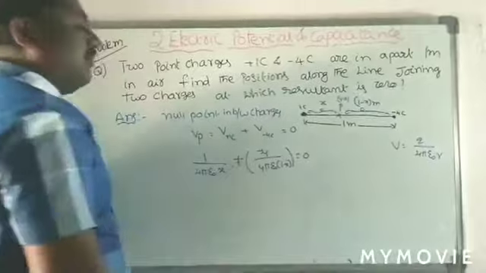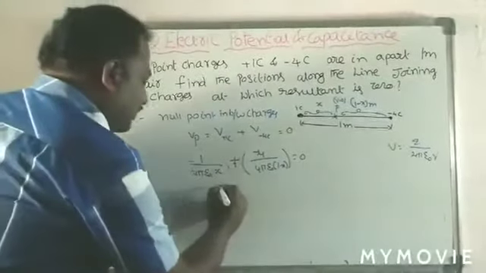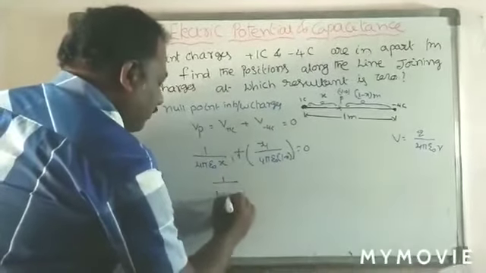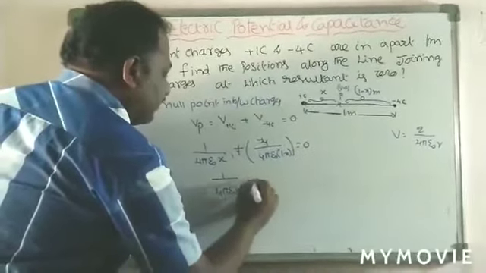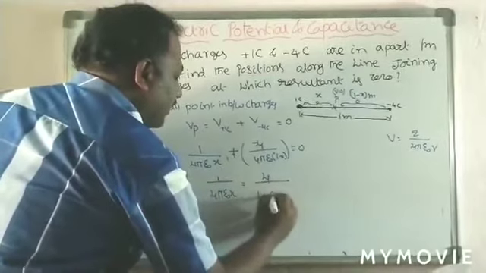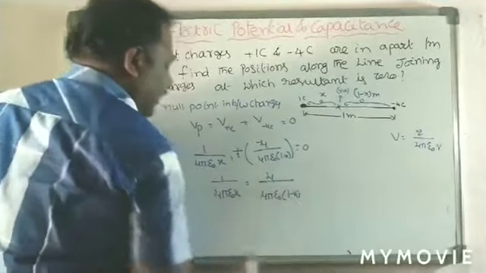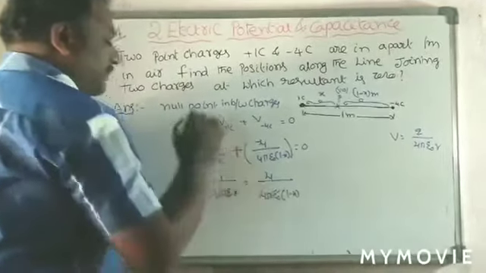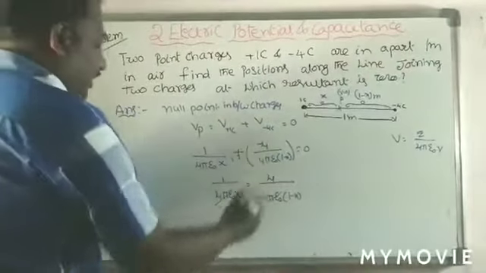This total potential becomes 0. Now in this case, 1 by 4 pi epsilon naught x is equal to, taking this to the other side, 4 by 4 pi epsilon naught into 1 minus x. Here 4 pi epsilon naught cancels. Now take the cross product.